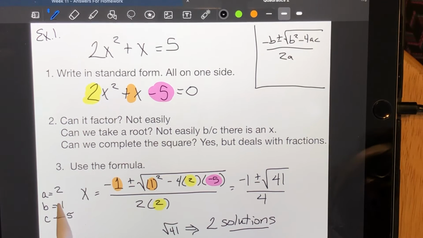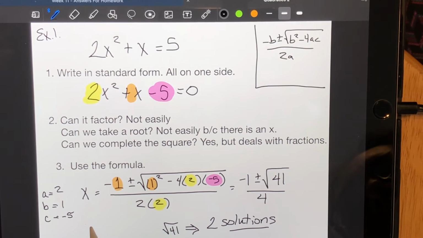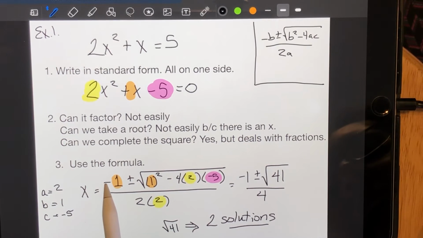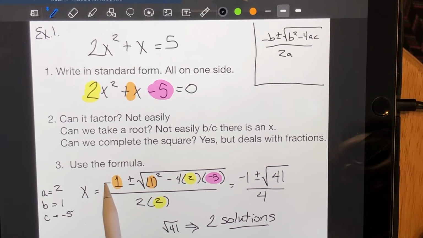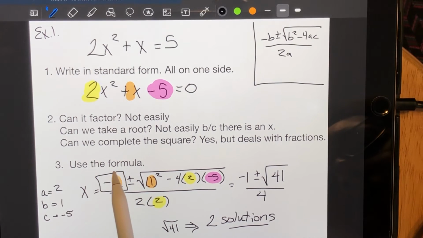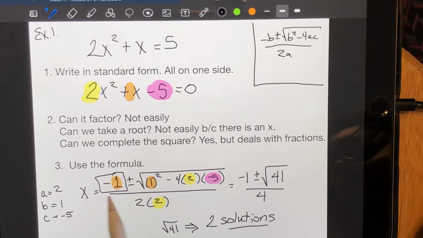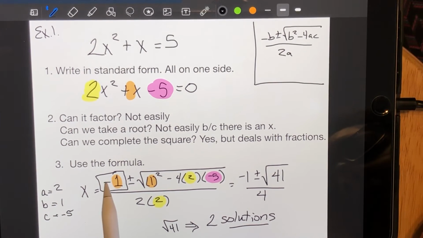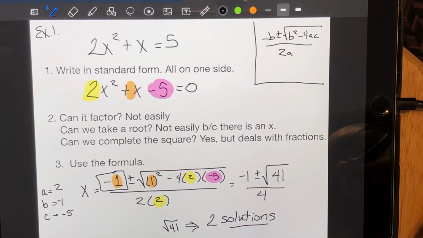I'm simply going to plug in everywhere that I see b the number 1, everywhere I see a, 2, and everywhere I see c, negative 5. In this case I had a negative b. I would say that this section is the number 1 section for errors because it is a negative of the number that is already there. So either we end up with negative 1, or what if b were negative 1 in the first place?